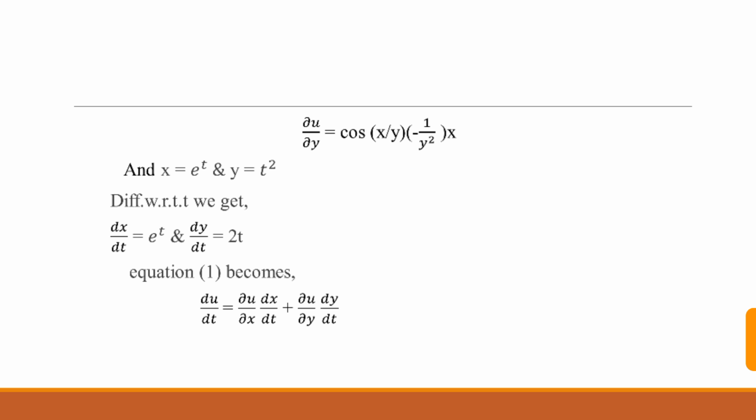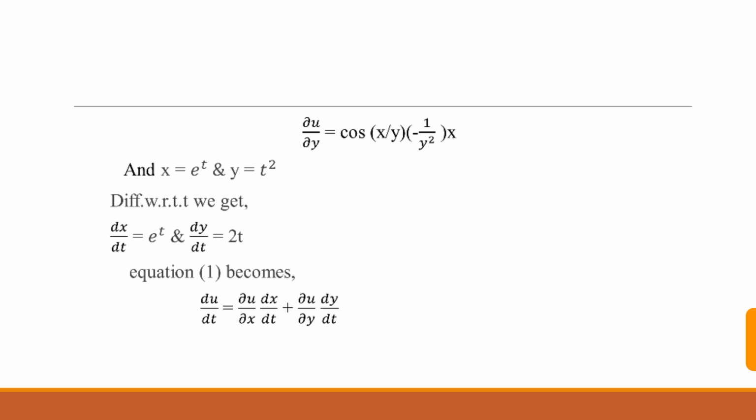But we know that the value of x is e raised to t and the value of y is t square. Differentiate x and y with respect to t, and we get dx by dt is equal to e raised to t, because the derivative of e raised to t is e raised to t, and dy by dt is equal to 2t, using the result that the derivative of x raised to n is n into x raised to n minus 1.